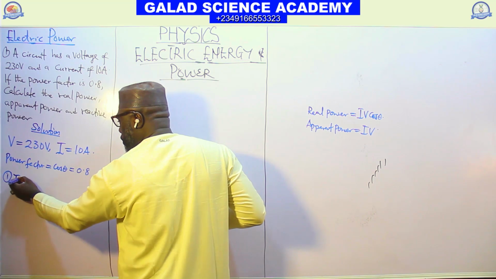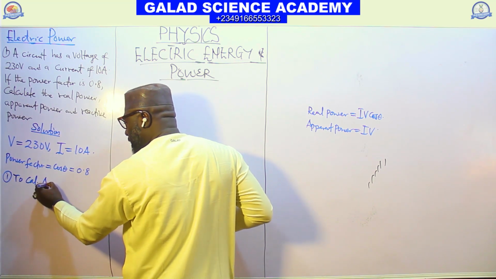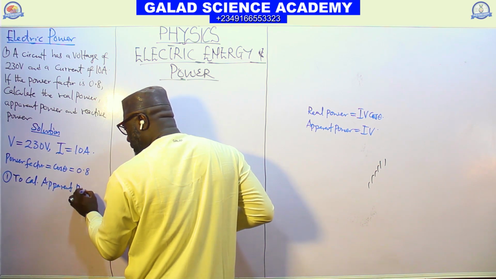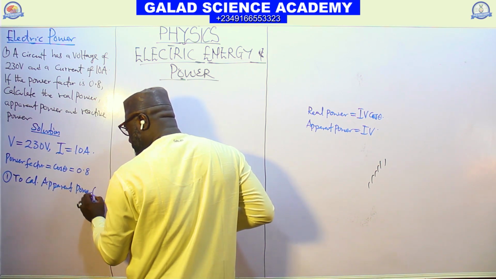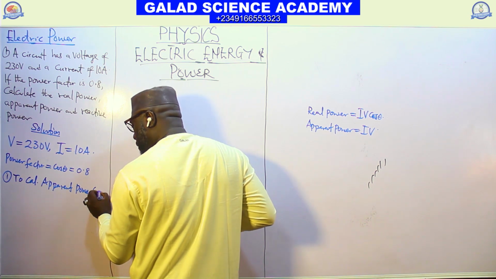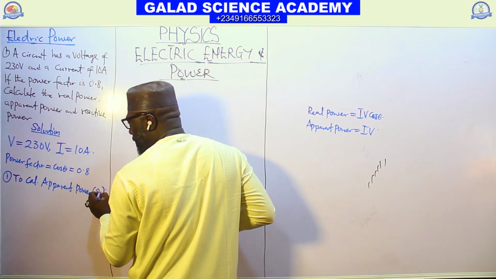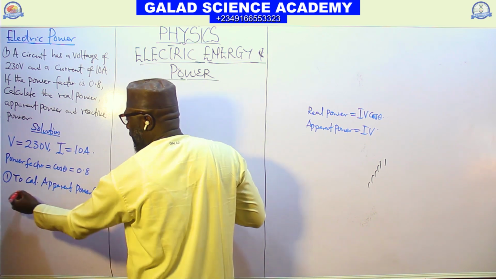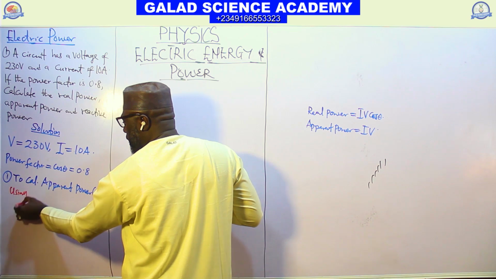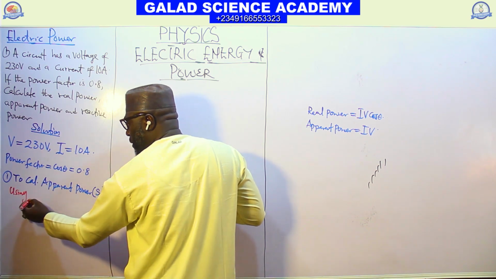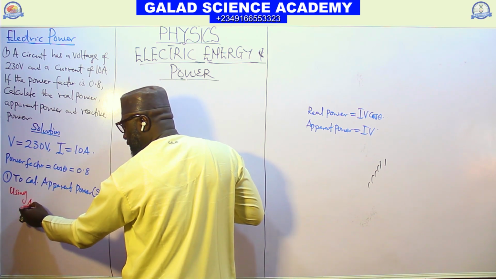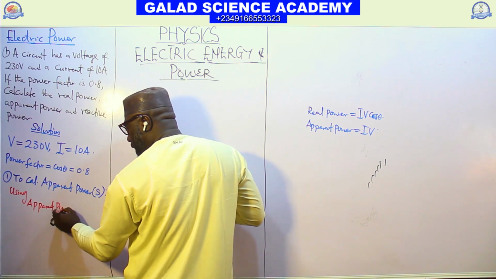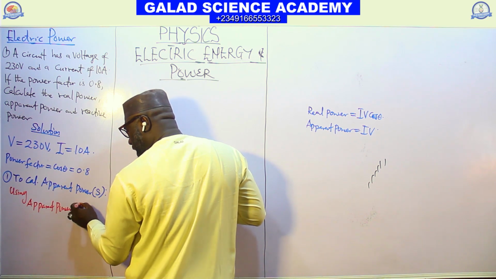To calculate apparent power, the symbol for apparent power is X. So using the formula for apparent power, the apparent power is IV.